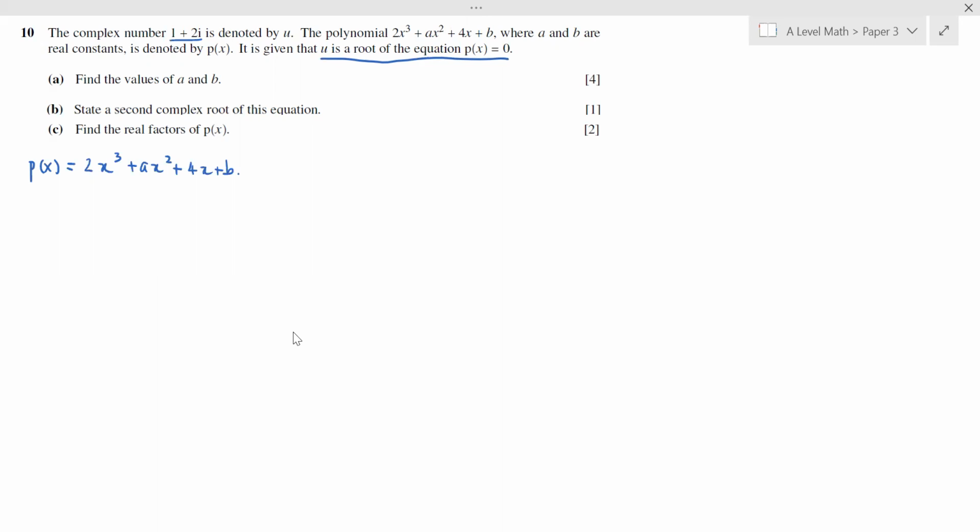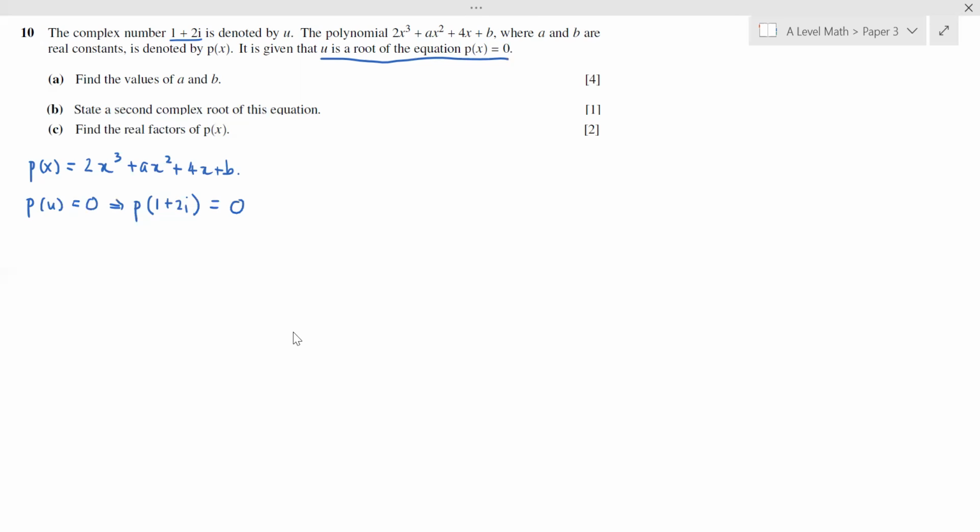If u is the root of the equation p of x equals 0, it means that p of u must be 0. If p of u is 0, when u is replaced by 1 plus 2i, p of 1 plus 2i must be 0. Then we can use this to find the values of a and b.